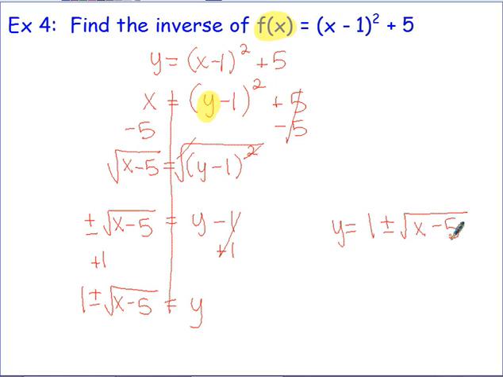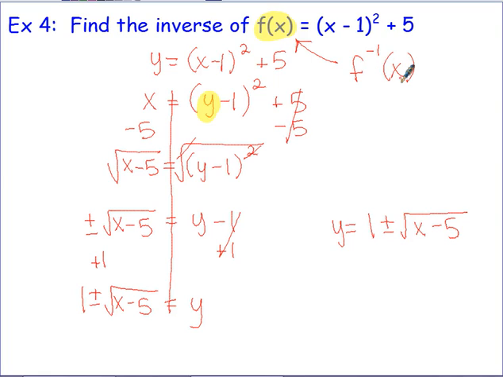Now I want to talk about something else related to this particular problem. When we see this notation, there's actually a special notation for that that means inverse. And it's this. F to the power of negative 1 with the x. Now we don't say to the power. We call this f inverse of x. That notation means the inverse.